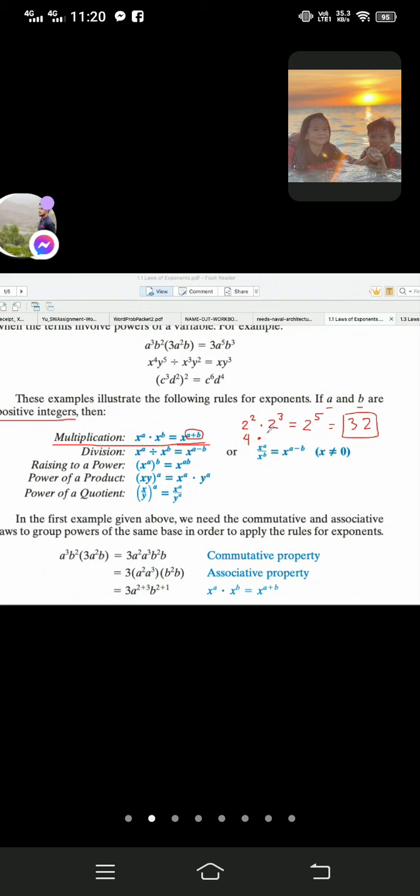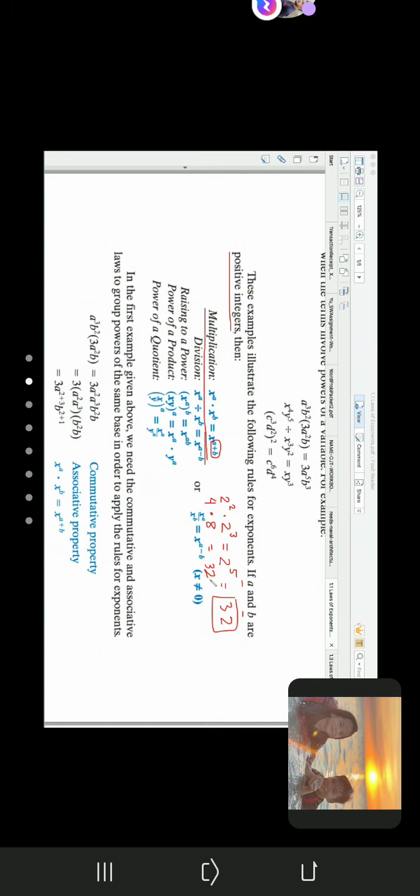Then you have to multiply 2 cubed. 2 cubed is 8. Then 4 times 8 is equal to 32, which is also equal to 2 to the power of 5, 32. So meaning this rule is correct, proven and tested by this example.